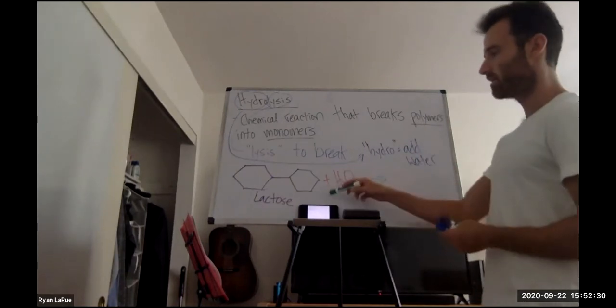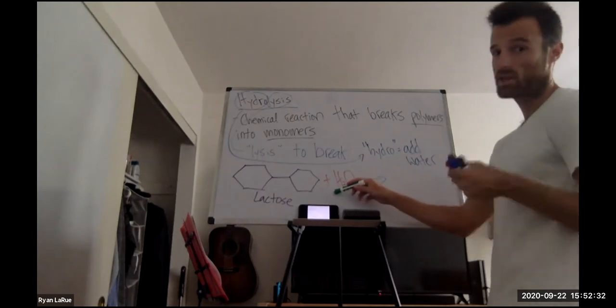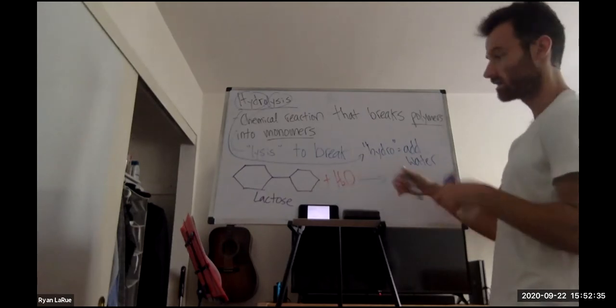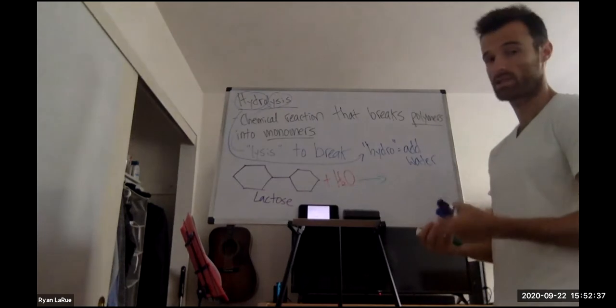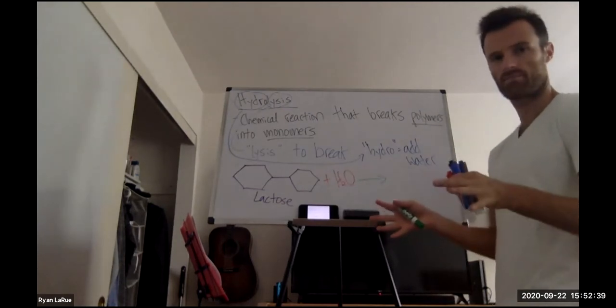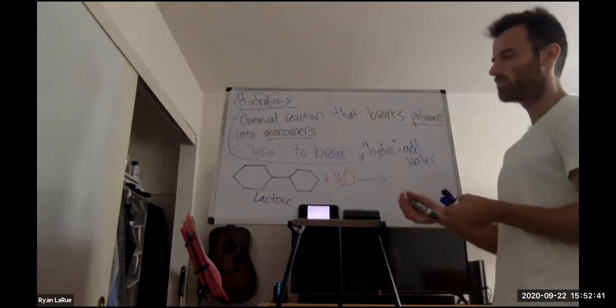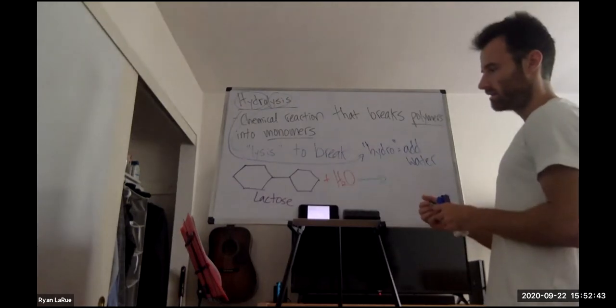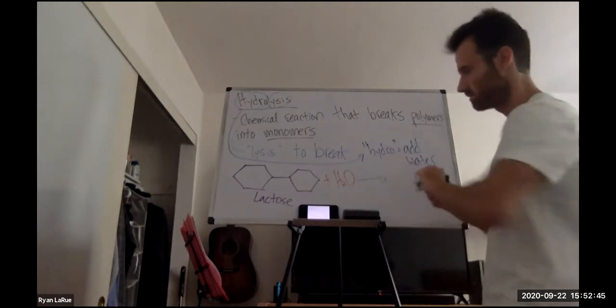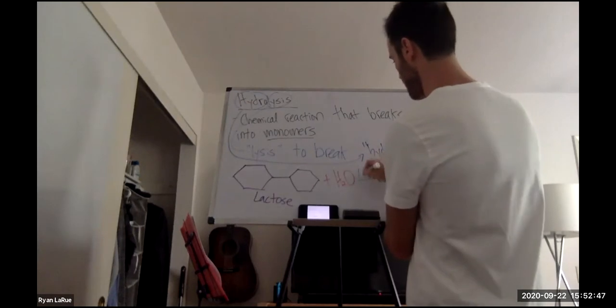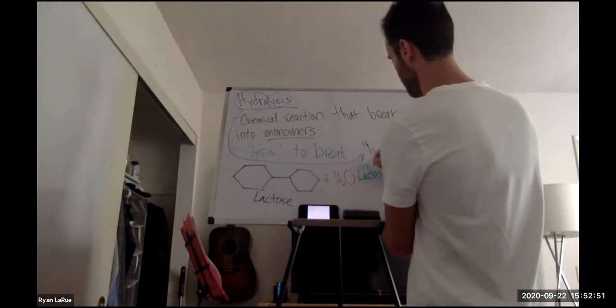But the enzyme involved, enzymes catalyze reactions. They cause them to happen in our cells, and all of them need an enzyme, by the way. So they're very important. The enzyme here is called lactase. So I'm just going to write lactase here. And this is our enzyme.